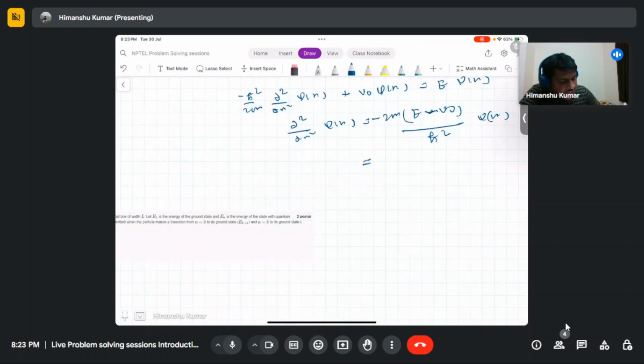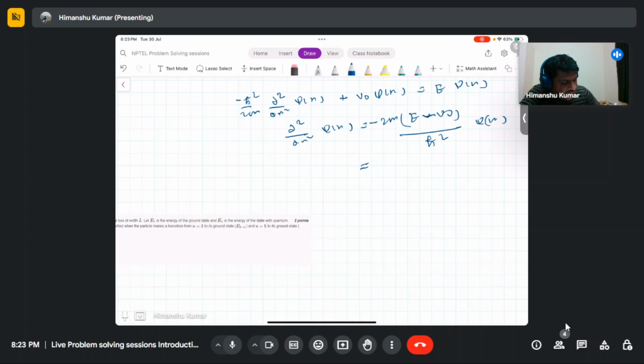Because V naught is larger than E, E minus V naught is negative, and the negative signs make it positive. So 2m times V naught minus E by h bar square, you can represent as gamma square, times psi of x.